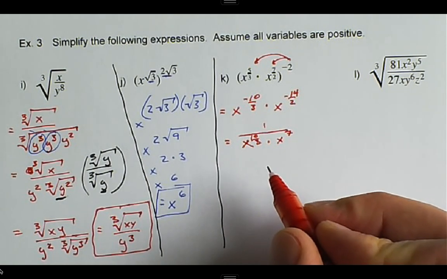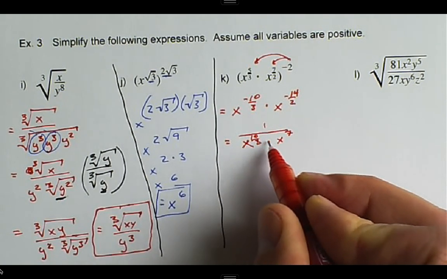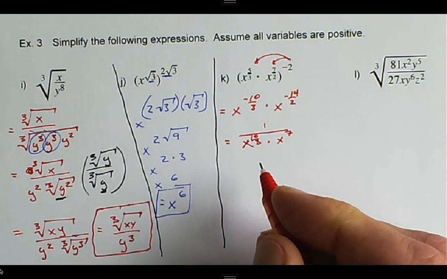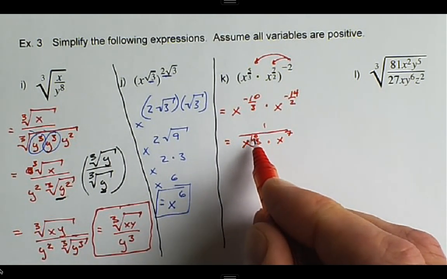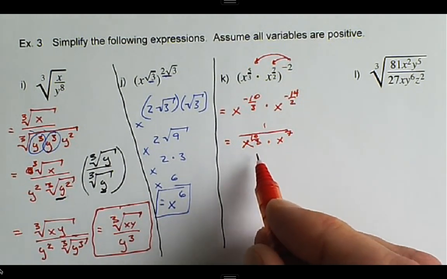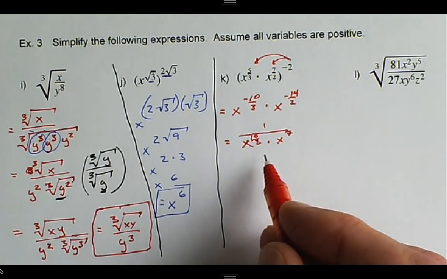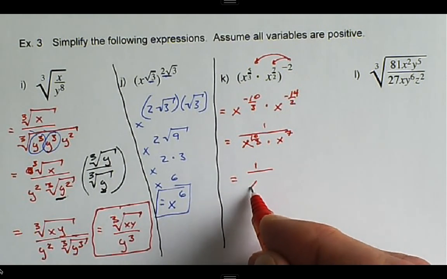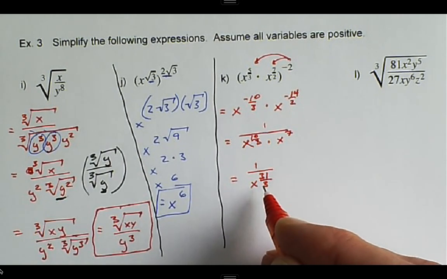And so when we add the exponents, another way to write 10/3 is 3 1/3. 3 1/3 added to 7 is 10 1/3, which is 31/3. So that's going to be 1 over x to the 31/3.